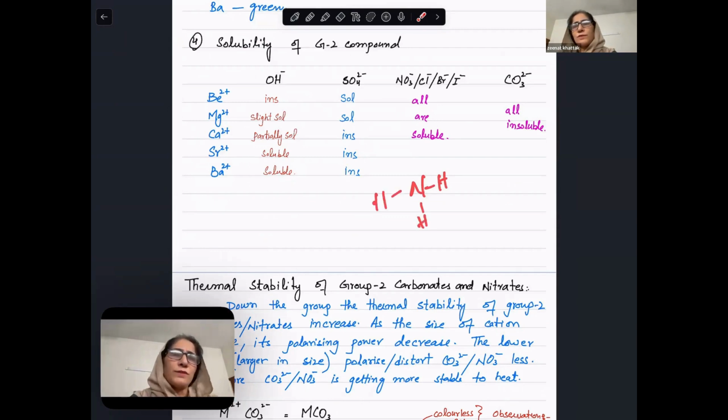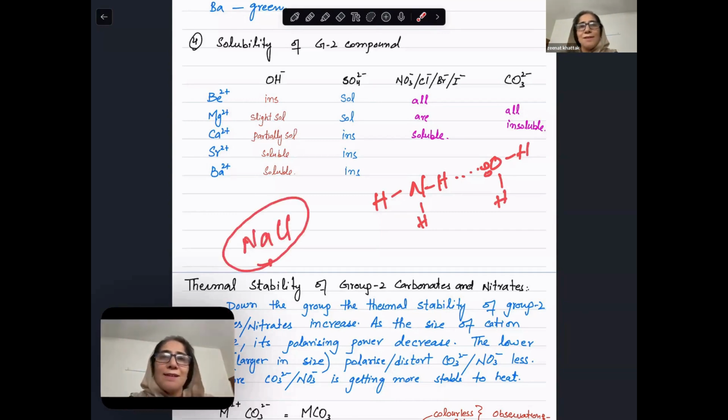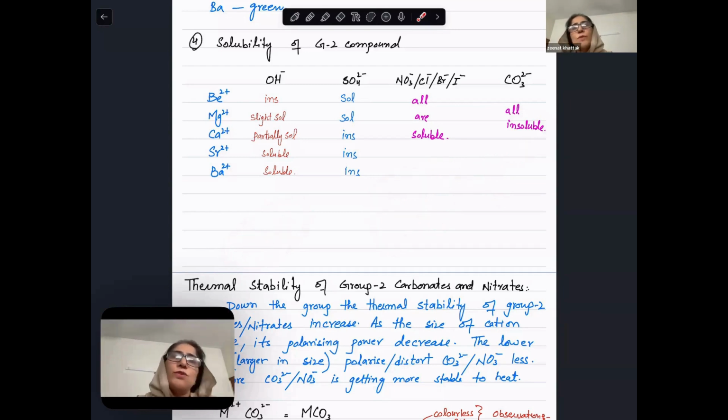But before going to describe this, if I ask you why ammonia is soluble in water, what would be your answer? It can do hydrogen bonding with water. Or why NaCl is soluble in water? If the question is about covalent things, covalent things are soluble in water if they do hydrogen bonding with water, like ammonia, ethanol, carboxylic acids, amines.